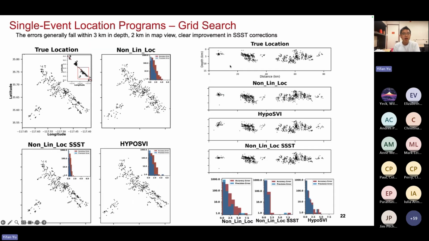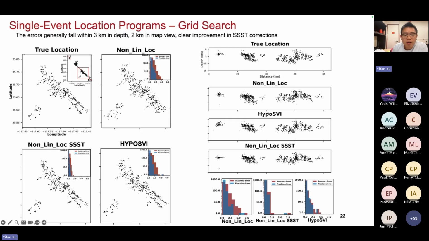The next 3 programs are research based. They use different sampling methods and different objective functions, but the goal is to minimize the likelihood function and try to locate. I think most of you might have heard about NonLinLoc, and NonLinLoc SSST is a recent version. It enables the source-station specific term.